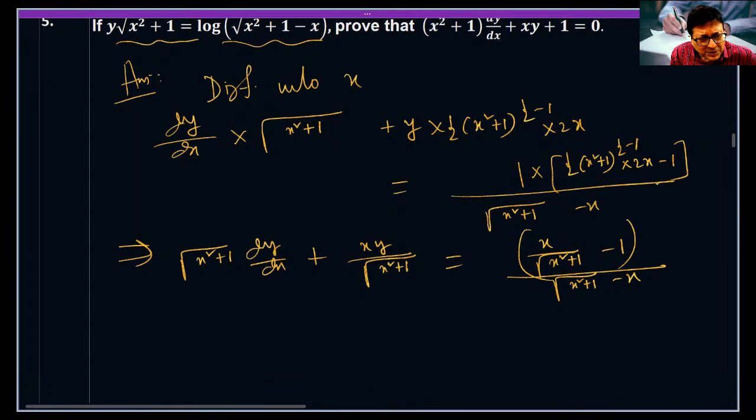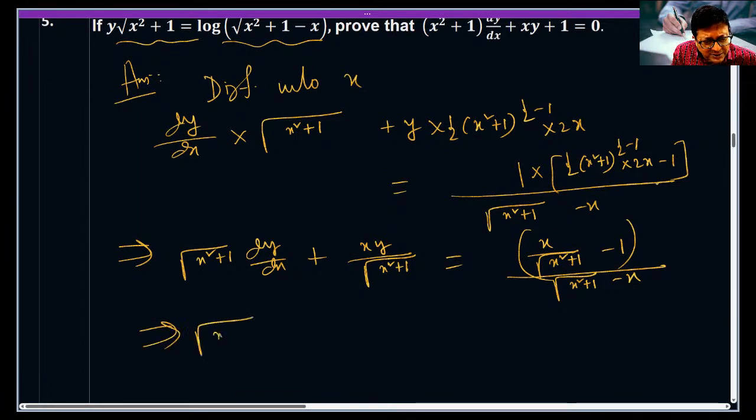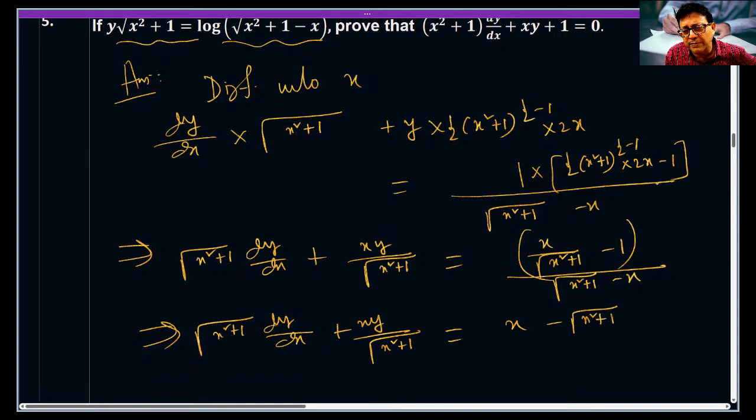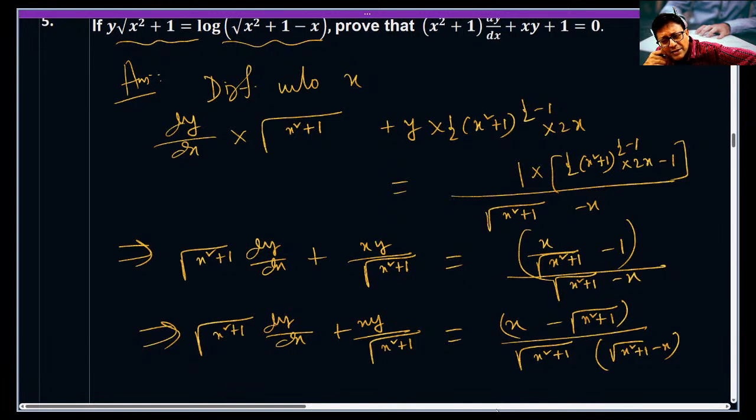Okay, so this implies dy by dx plus, you write x minus root over x square plus 1. Okay. Just take the LCM and add. Check my calculation. Ordinary LCM and addition, nothing else.